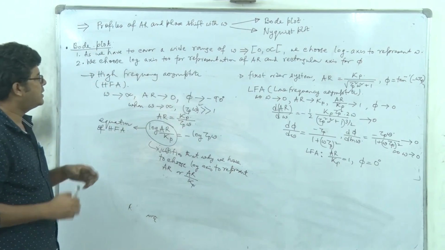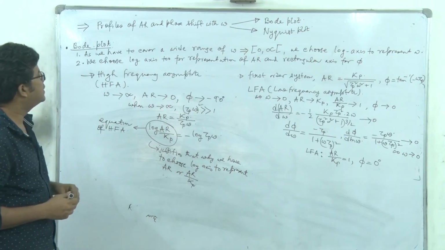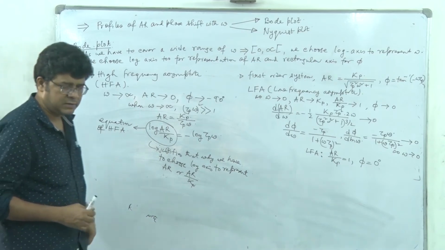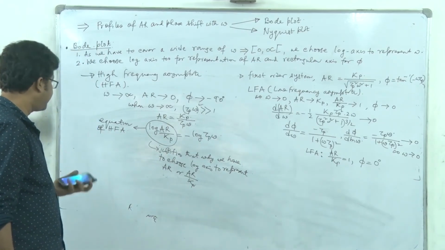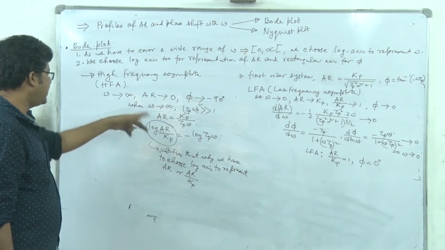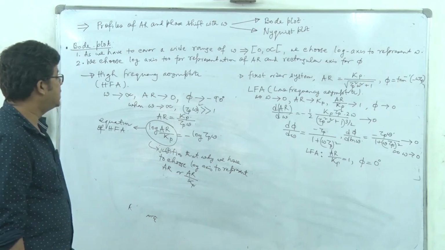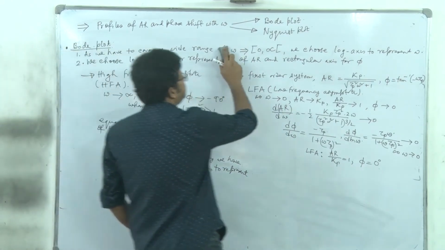So Bode plot is a log-log plot of AR versus omega, right, and a semi-log plot for phi versus omega. A log-log plot for AR by Kp versus omega, and a semi-log plot for phi versus omega.